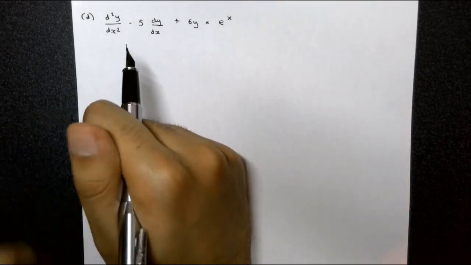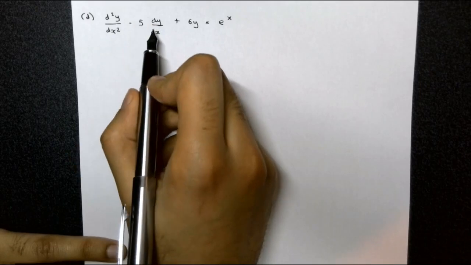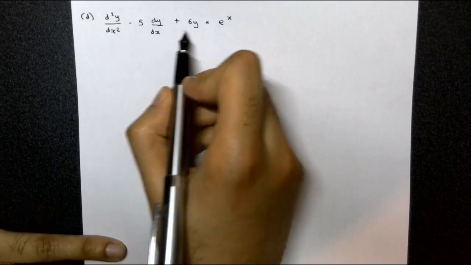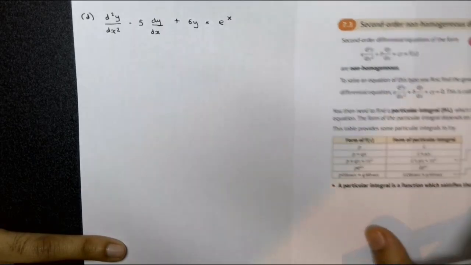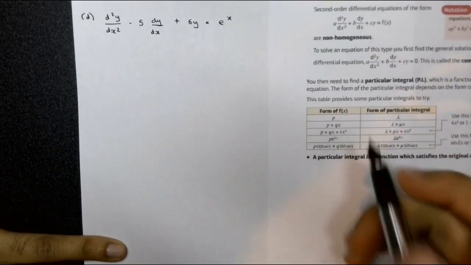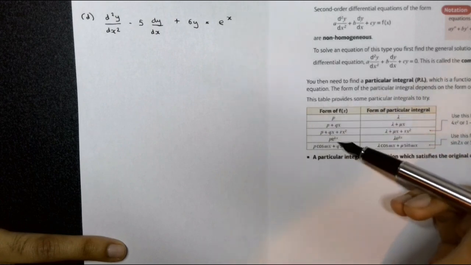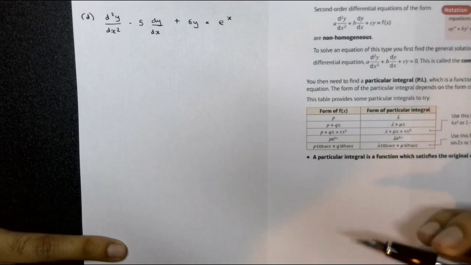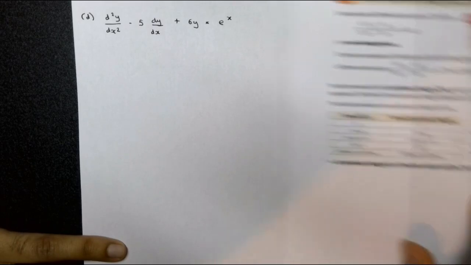Part D, we've got the differential equation d squared y over dx squared minus 5 times dy over dx plus 6y equals e to the x. And what you'll notice over here, f of x is of the form p e to the kx. So for our particular integral, we're going to have something of this form over here.